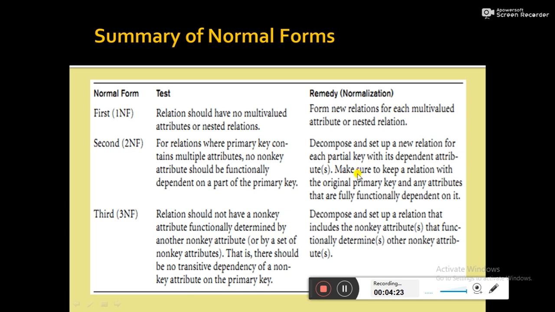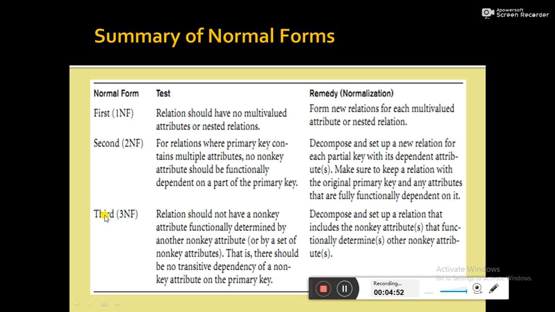That means you have to move the non-prime attribute which is not fully dependent on the composite primary key, along with the prime attribute on which it depends, into a separate relation. I have already discussed this with an example in my previous lecture, so I am just recapitulating it.